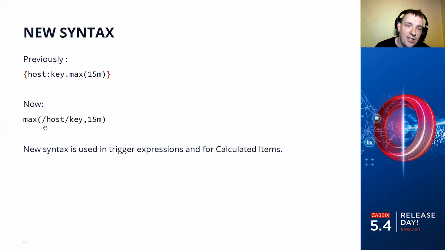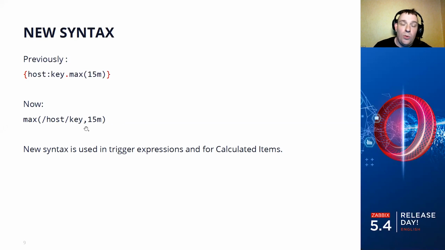And the syntax is very similar to the Linux file system. It starts with the slash, then comes the host name, then the item key, and after the first comma comes the interval, including the shifting. If we want to go back to yesterday, then after the first comma, it will all be together.